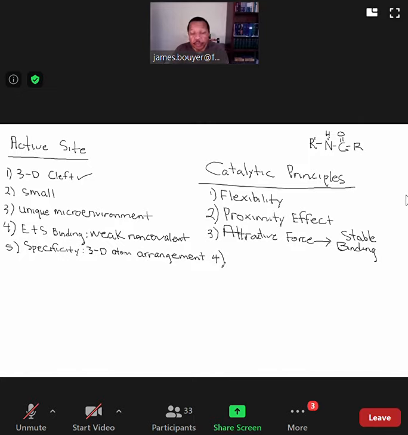One of the principles in enzyme catalysis is that there usually is a side chain that can donate a hydrogen or accept a hydrogen in order to facilitate the mechanism.